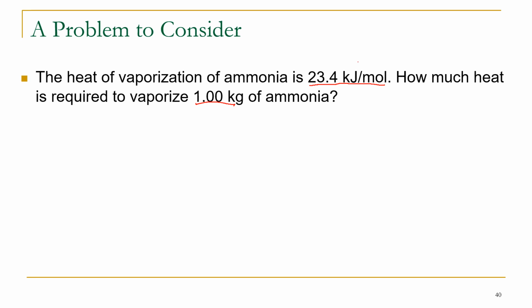So kilojoules per mole, we know how many kilograms we have, so somehow we have to convert kilograms to moles. If you go back and look at it, the delta H for this vaporization is for this transition.